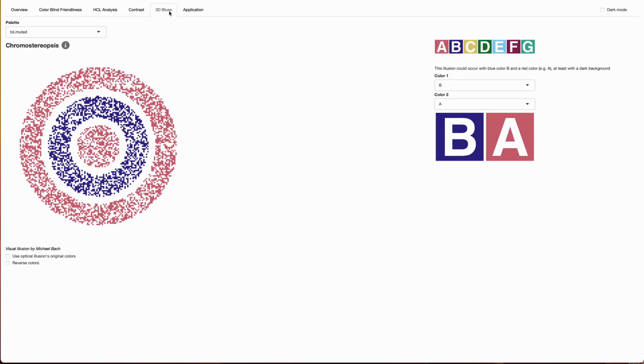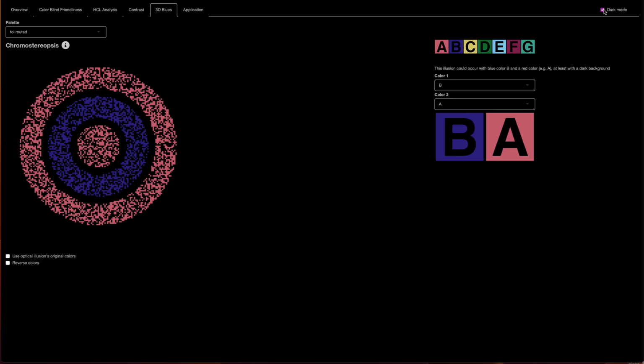There's 3D blues, that's another thing. If you have dark, so I have also the dark mode. If you use blue that is, so let me check the original colors.